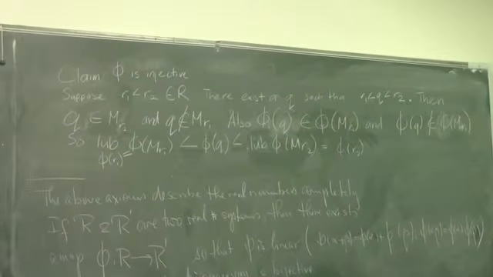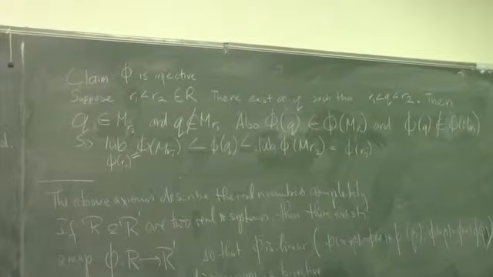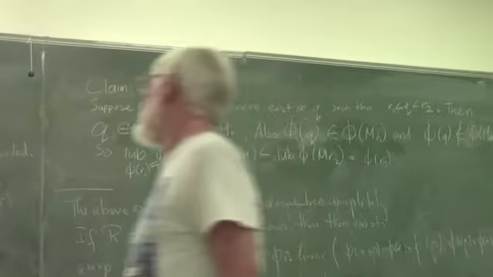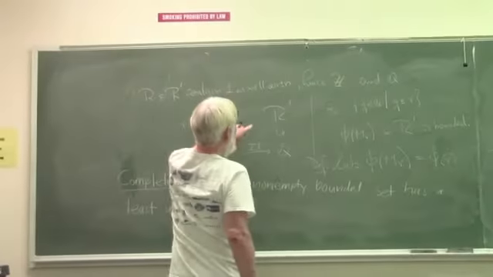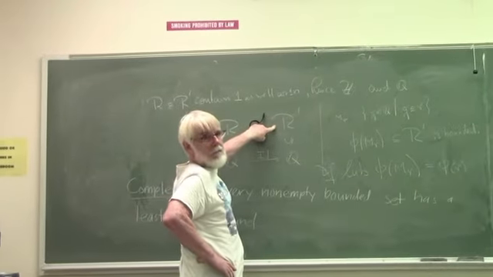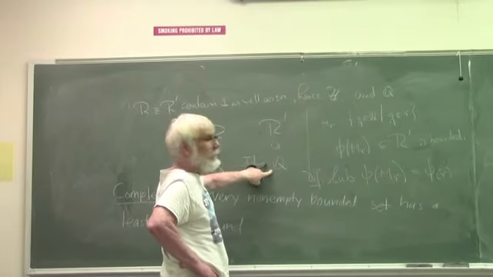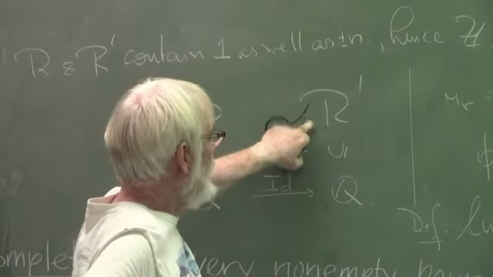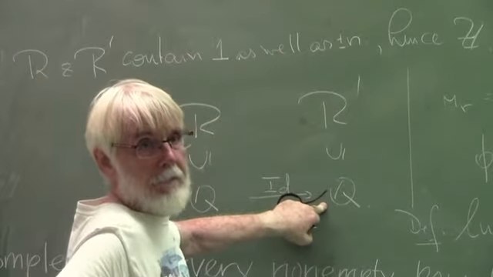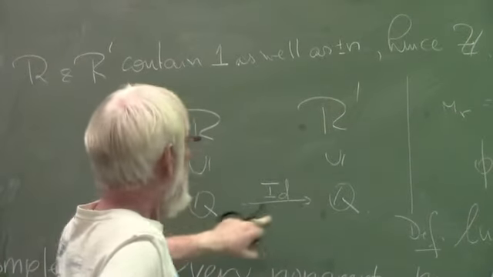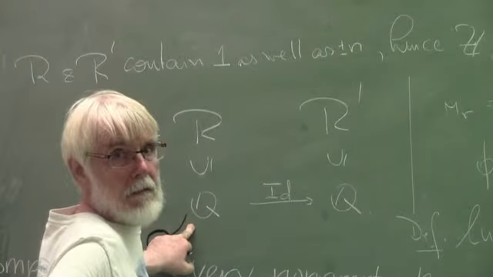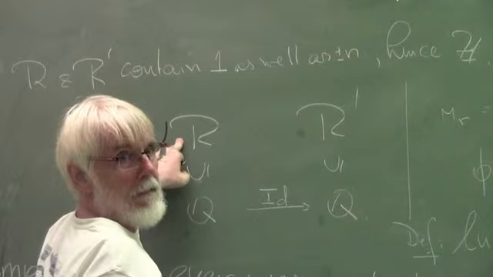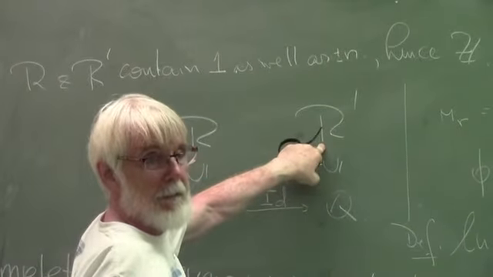So how do you get onto surjective? What is surjective again? Get all the images. Start out with anything here. Look at all the rational numbers. This element is the least upper bound for this set of rational numbers. Take the least upper bound for this set, and it will map to this least upper bound here.